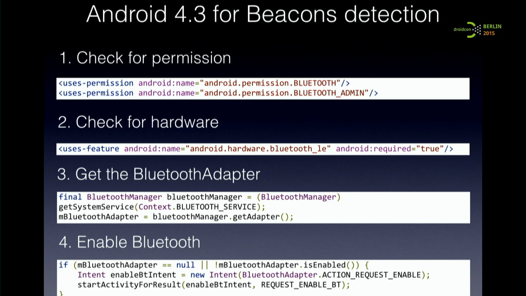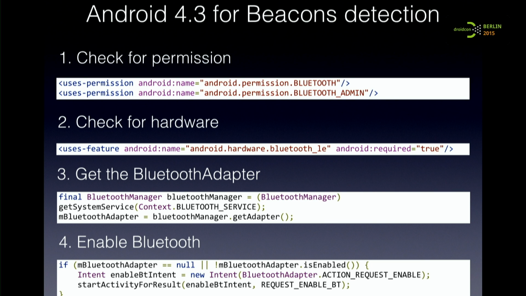Okay, let's go. To interact with Bluetooth, you need to create the Bluetooth manager instance, and this can be done by using a system service. You can see it on point 3, and then get the Bluetooth adapter instance.